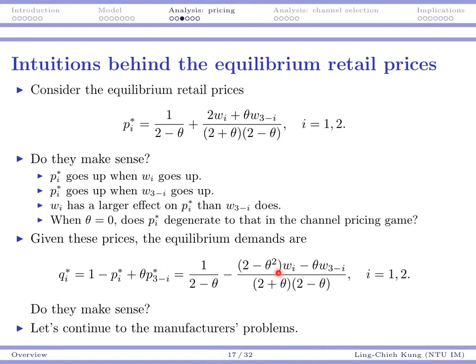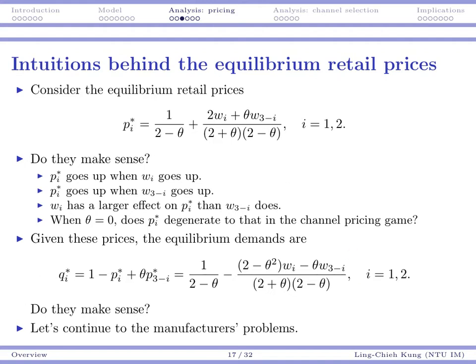If my wholesale price goes up, my demand will go down, because I'm going to increase my price, or you can just treat Wi as your cost. But if my competitor's wholesale price goes up, then my competitor is at a disadvantage. He will lose some demand and I will get some demand, and then my market will go up.